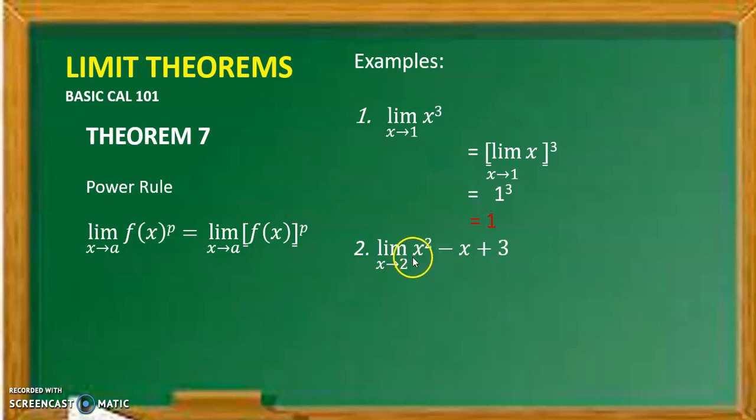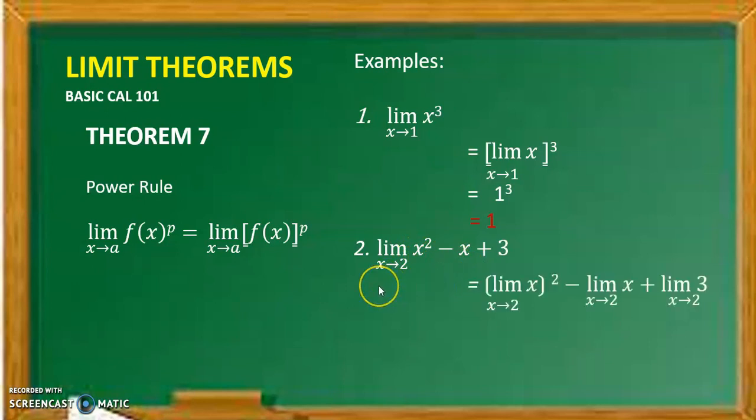Halo-halo na. The limit of x squared minus x plus 3 when x approaches 2. So, we'll take it one by one, okay? The limit of x squared, our theorem number 7: the limit of x raised to 2 when x approaches 2 minus the limit of x when x approaches 2 plus, because this is minus and this one is plus, the limit of 3 when x approaches 2.